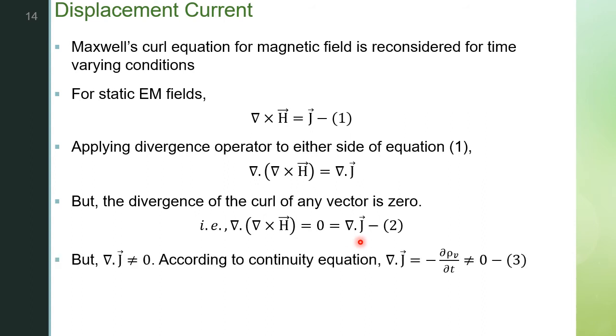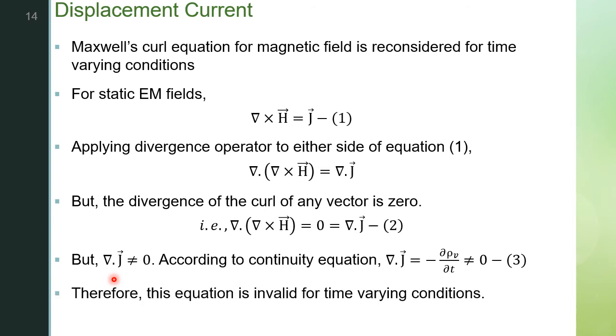But we already know that according to the continuity equation, del dot J is equal to minus dou rho v by dou t, and this value will not be equal to 0. So according to the continuity equation, del dot J is not equal to 0. When you compare equations 2 and 3, it turns out to be invalid, or there seems to be some contradiction between the two statements.